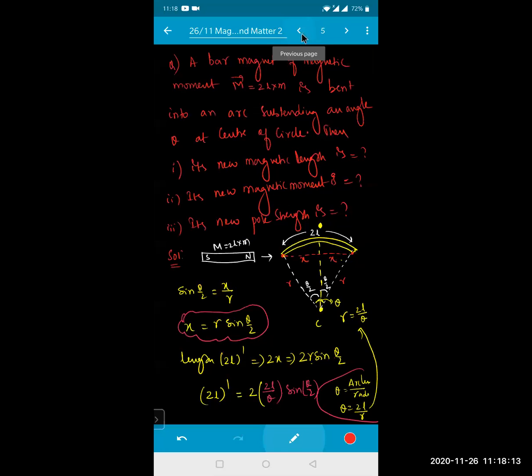What will be the new pole strength? Can anyone tell? M dash is equal to how much?